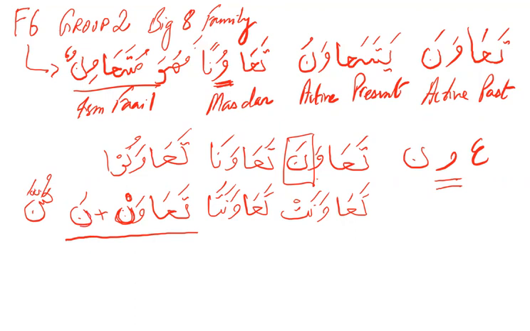And then you have another noon after it. So now you have two noons. One is sakin with a sukun and one is mutaharrik with a haraka. So when you have two similar letters together in a word, the Arabs tend to merge them into one. So what happens is it happens like ta.